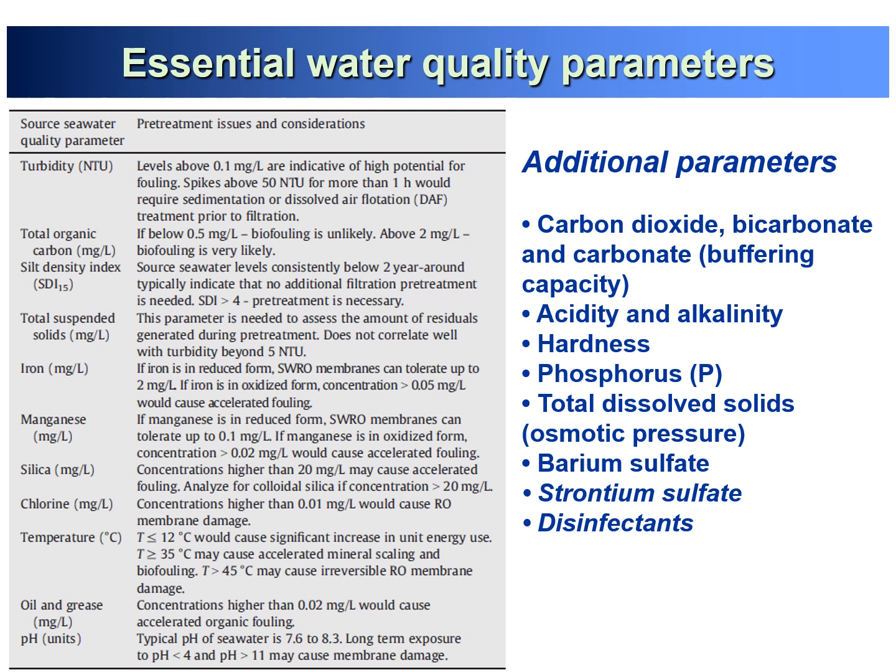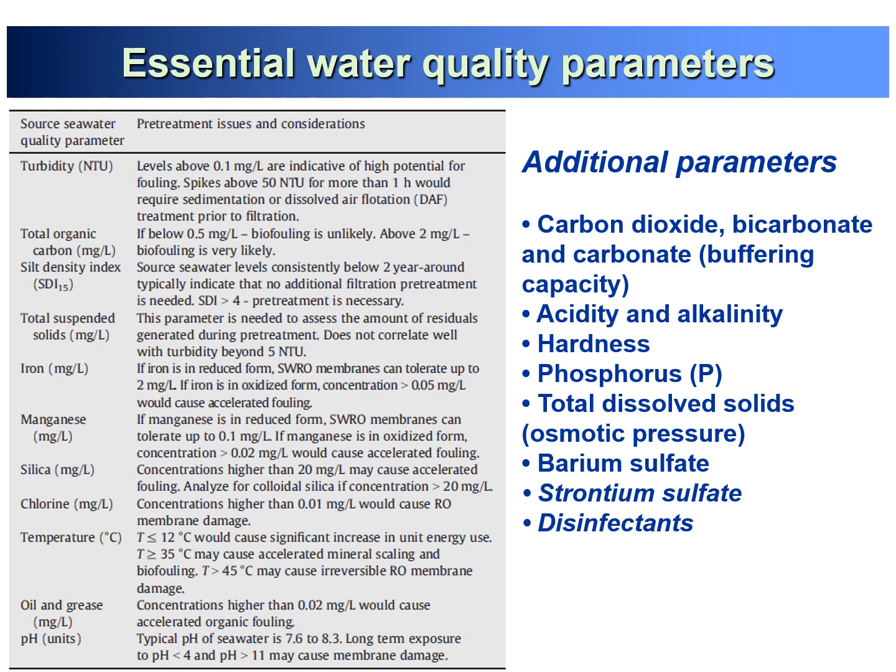Acidity and alkalinity, hardness such as magnesium and calcium. Phosphorus, total dissolved solids, which is related to osmotic pressure. Seawater has 35 grams per liter, 3.5%. Osmotic pressure is almost 30 bar.